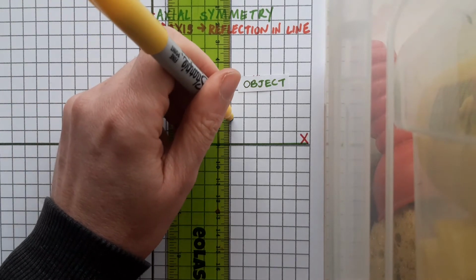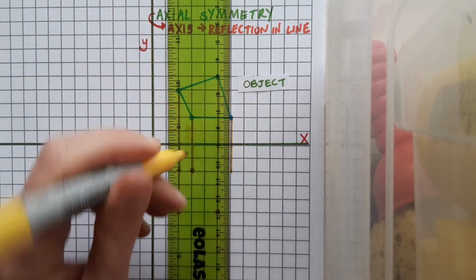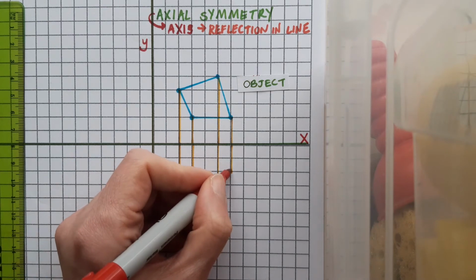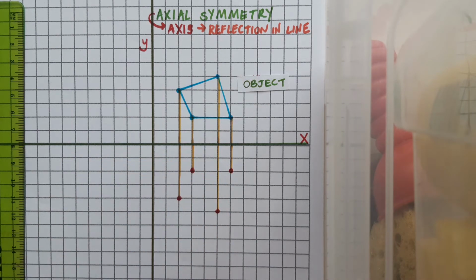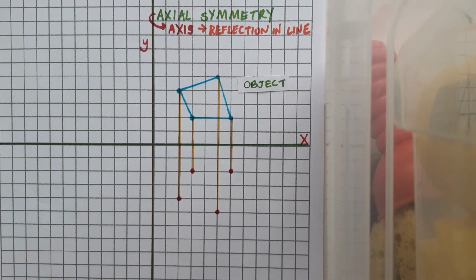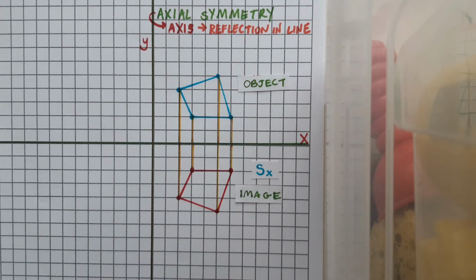So I'll draw my line and out the far side. And my final image vertex is located here. To finish off my image, I'm just going to join each of the image vertices together to make my quadrilateral. And finally, my image quadrilateral looks like this.